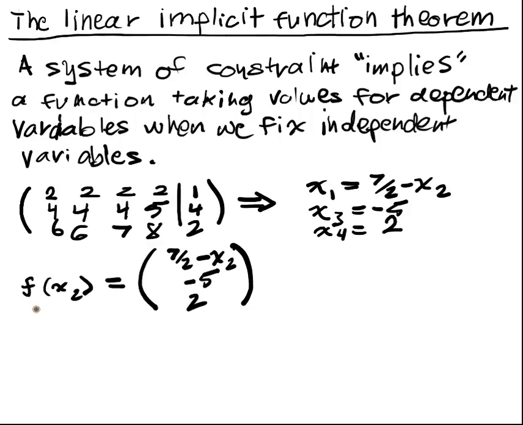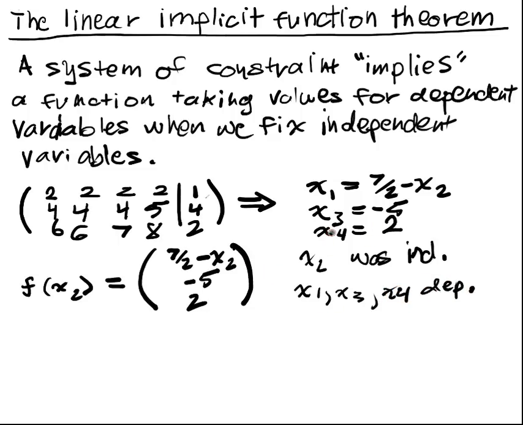And we actually already have the tools to prove this theorem in our particular case, right? But there's a couple things to say. So I can get a solution in terms of x2, but I can actually maybe talk about using another variable as the dependent variable, right? And which variables are the independent? So in this case, we had that x2 was independent, and x1, x3, x4 were dependent.